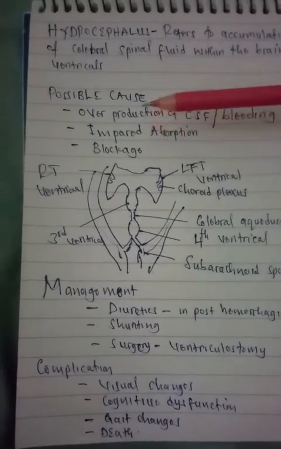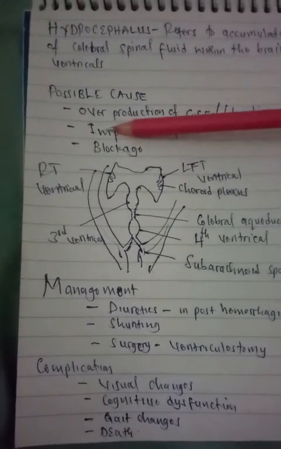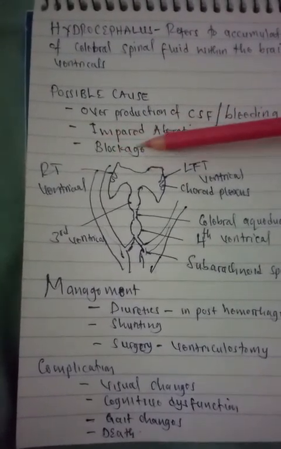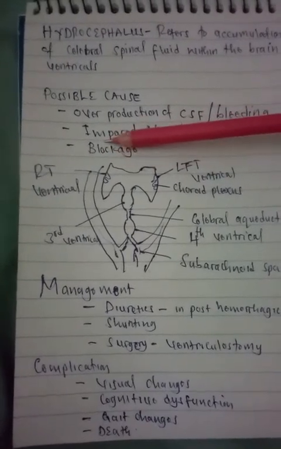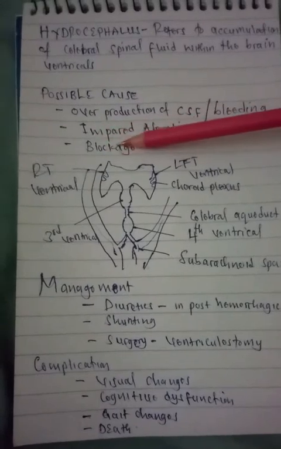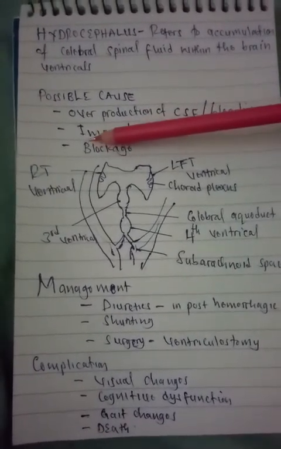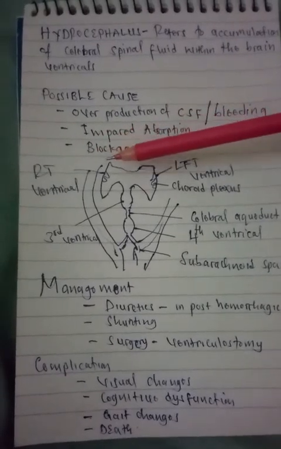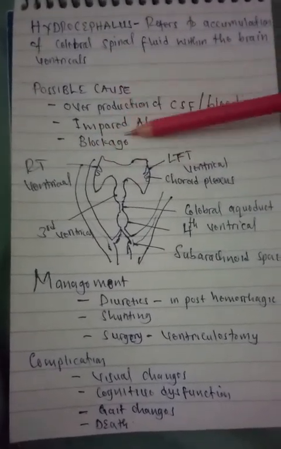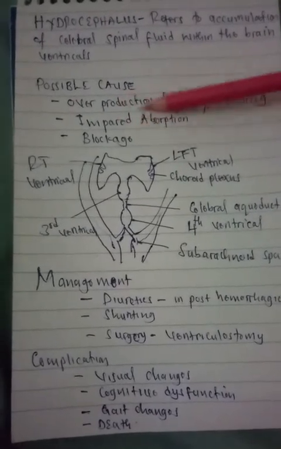And another one is blockage. This blockage occurs on the flow system of cerebrospinal fluid, which causes an obstacle for it to flow and get absorbed.